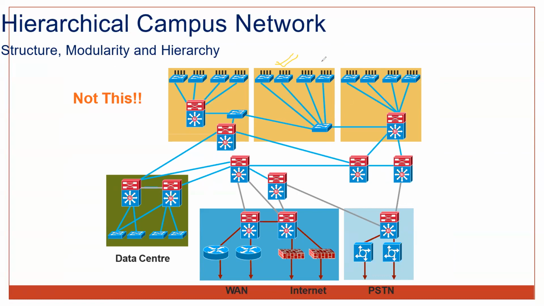If you have any type of STP loop here, a spanning tree loop or layer 2 loop, it's very difficult to identify which particular switch you are sending the frames to and receiving the frames from, because this is a poorly designed network. And another thing here is, suppose this switch goes down, there is no redundancy, right? If this switch goes down, how will traffic reach?